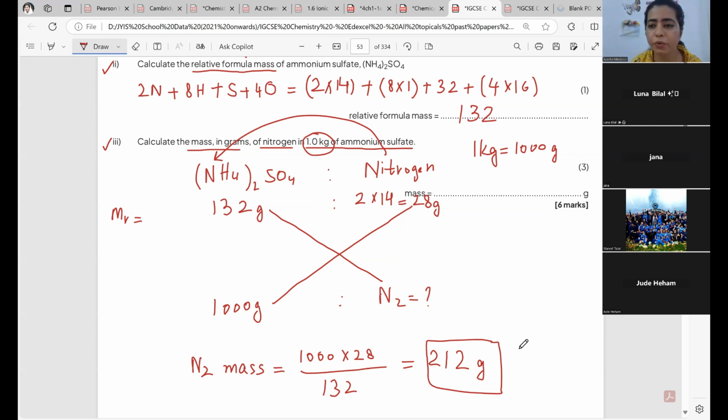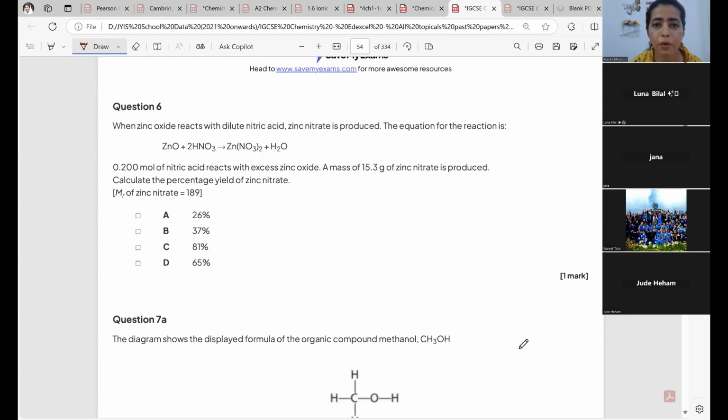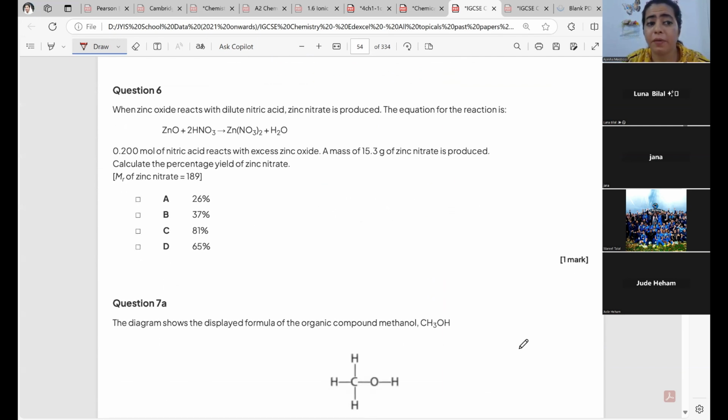After that, we are moving to question number 6. I want you to solve it. It's easy. When zinc oxide reacts with dilute nitric acid, zinc nitrate is produced. The balanced equation is given to you. 0.200 moles of nitric acid reacts with excess zinc oxide.